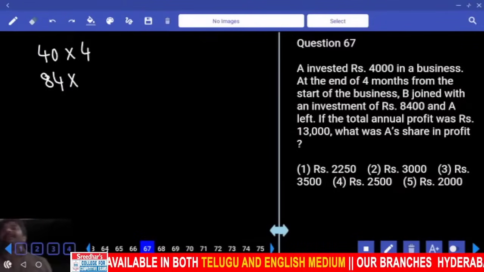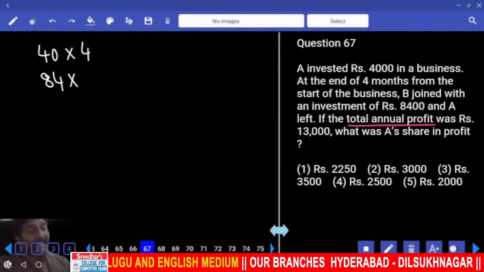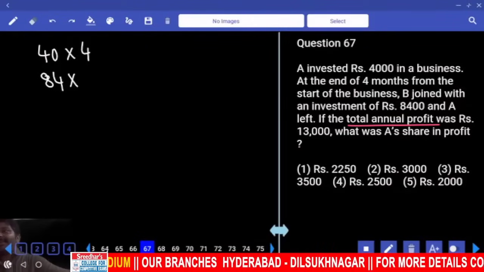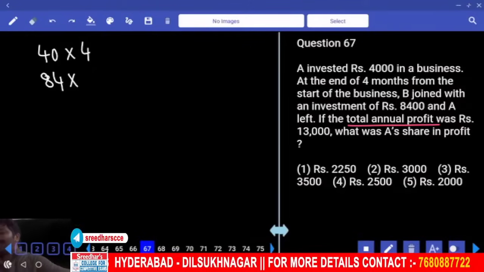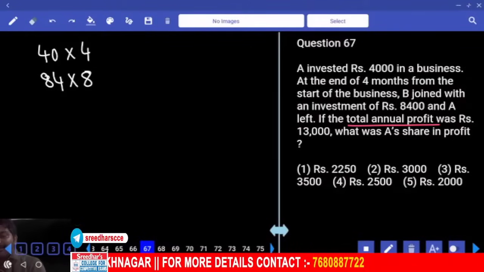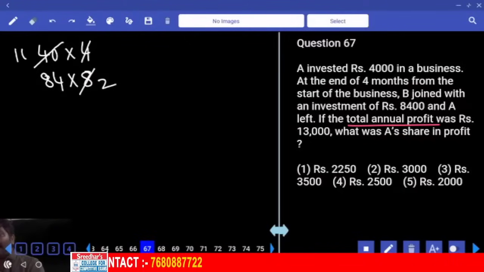B joined after 4 months and they are sharing profits at the end of year. Annual they said, right? So business happened for 1 year. A started, was there for 4 months, then B joined, A left. Correct? Right. So B will be there for 8 months. 40 by 4, 10 times 21, 2, 5 times.